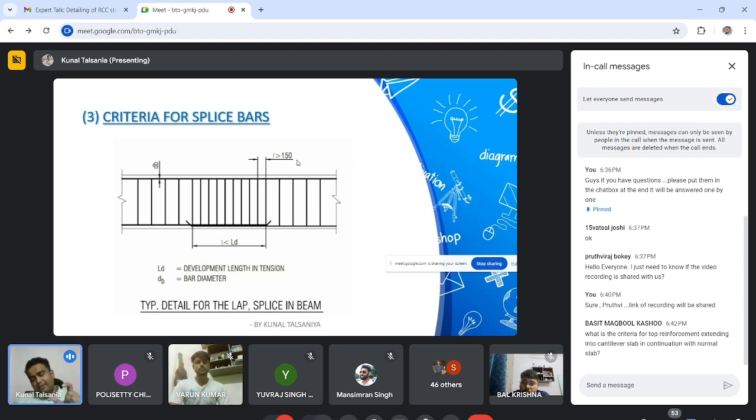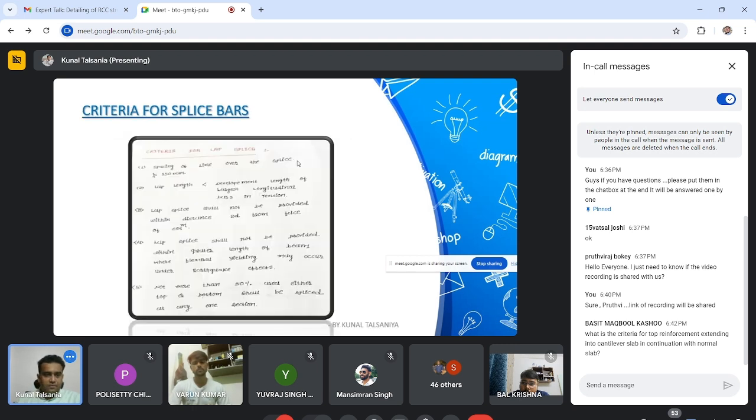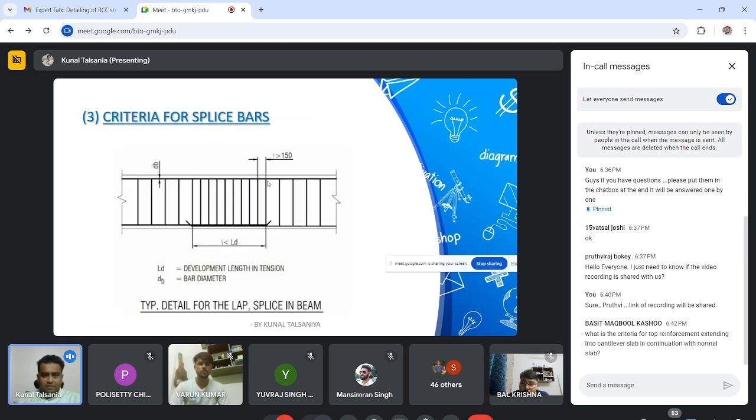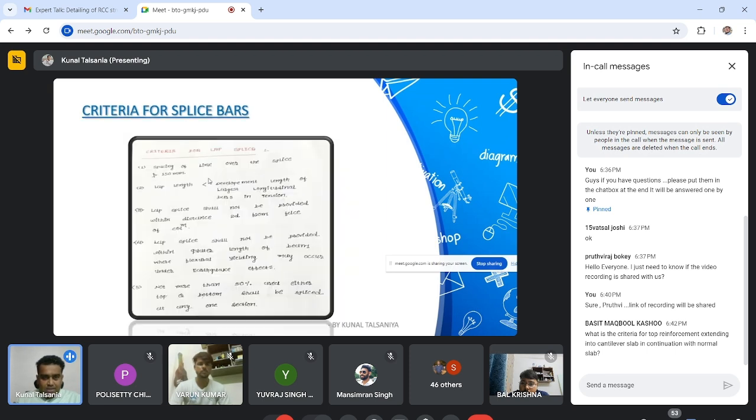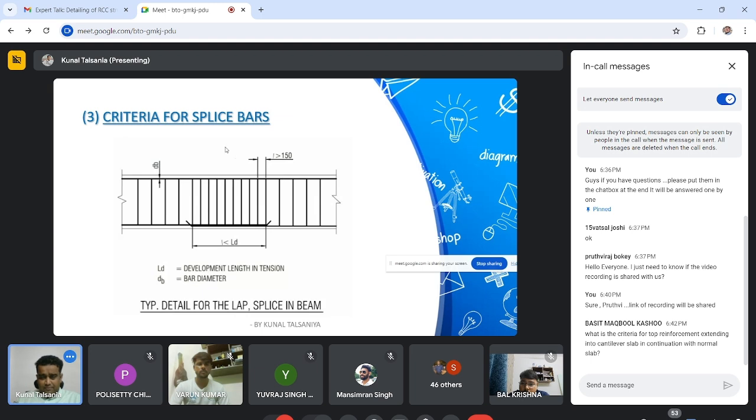You have to restrain the stirrup spacing. The spacing of link over the splice should not be greater than 150. See, minimum LD distance will be there, so this stirrup spacing should not be greater than 150 mm.